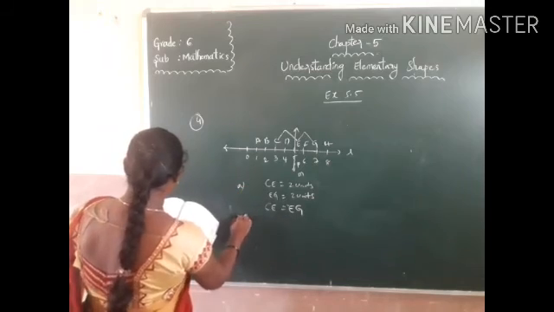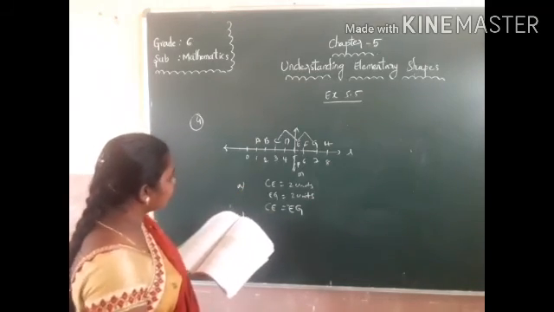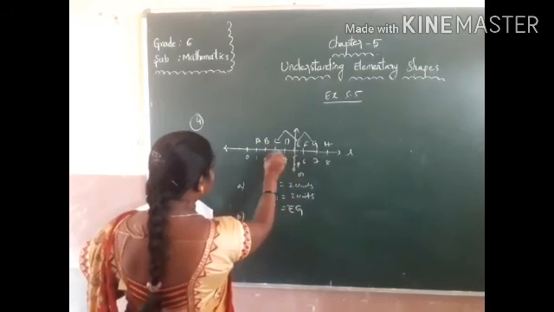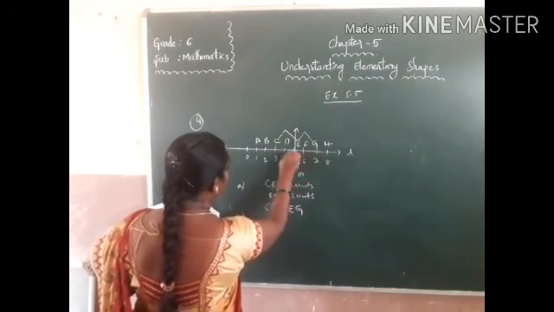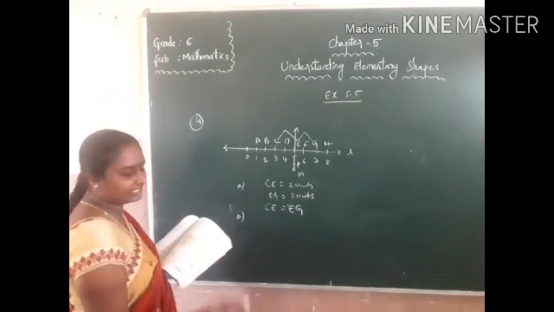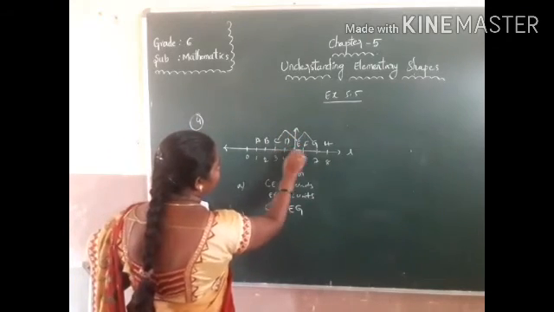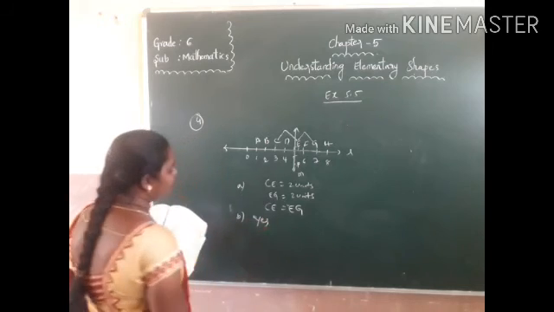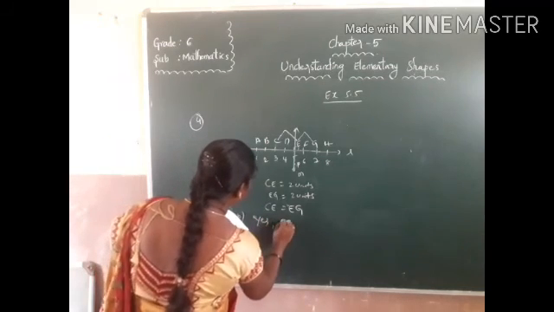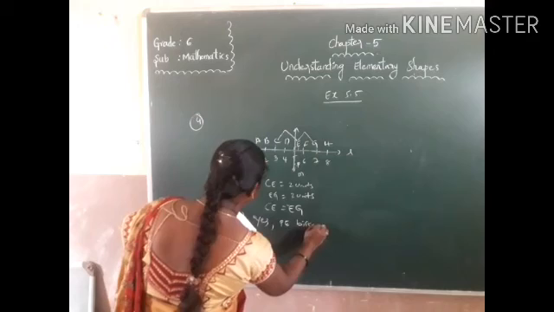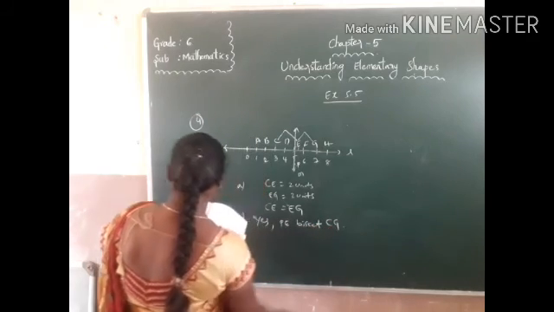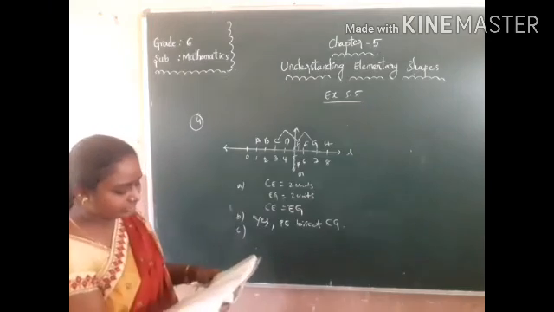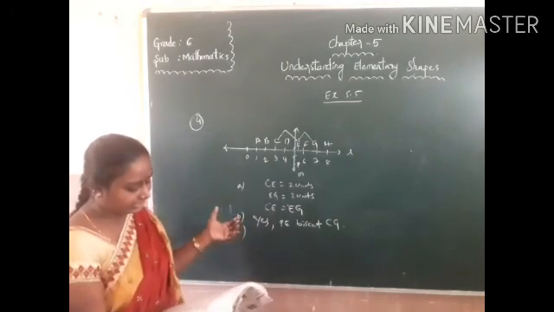Right, next. Does PE bisect CG? This is PE. Yes, PE is bisecting CG here. Two lines intersect and their angle is 90 degrees. That's why it bisects. PE bisects CG. Next, identify any two line segments for which PE is the perpendicular bisector.